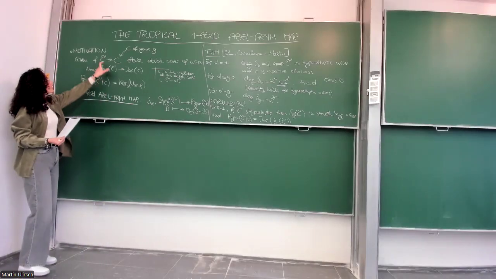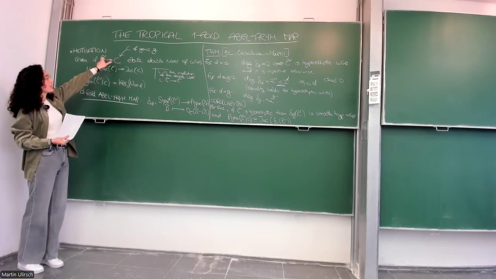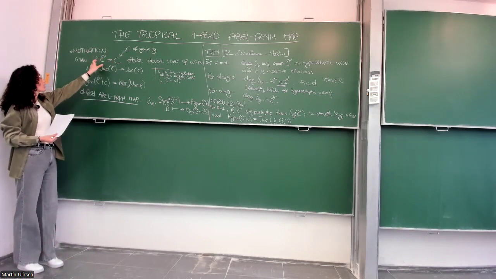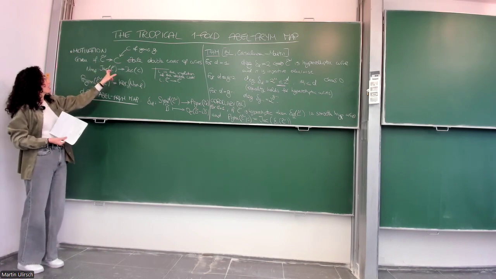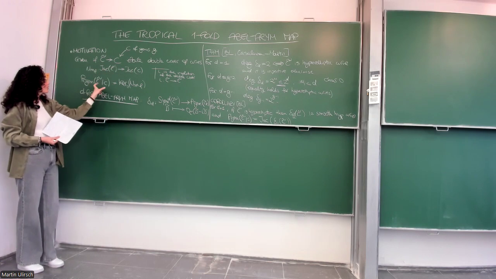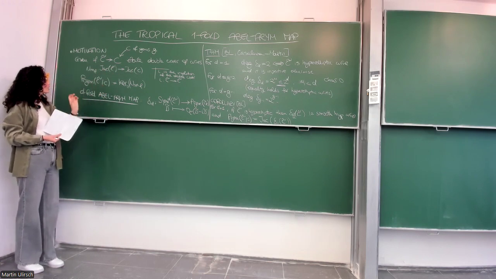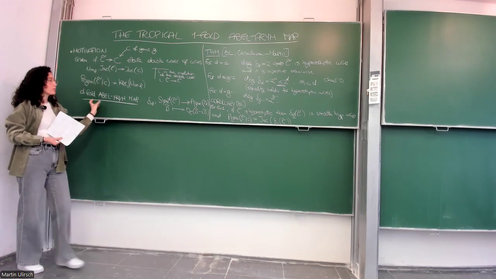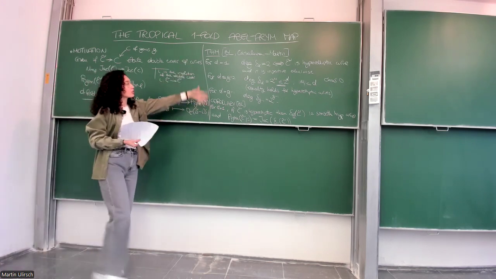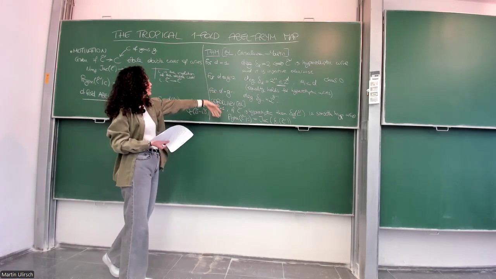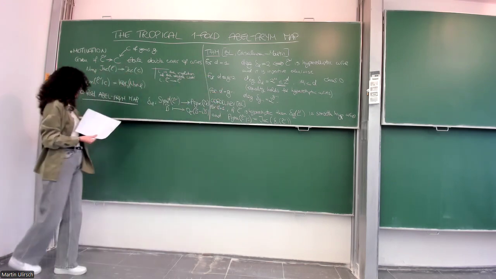Instead of talking about étale double covers of curves, we will talk about free double covers of metric graphs. We will define in the same way the norm map, the tropical Prym variety. We will define the Abel-Prym map in the tropical setting. And then I will tell you which of them are already known and what we did in the paper.